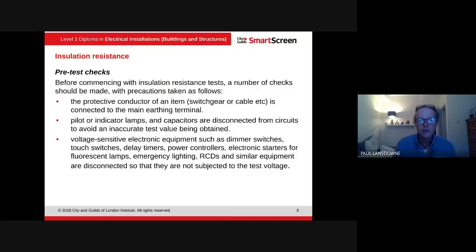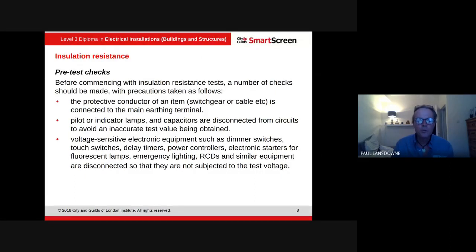Voltage sensitive electronic equipment such as dimmer switches, touch switches, delay timers, power controllers, electronic starters for fluorescent lamps, emergency lighting, and RCDs and similar equipment are disconnected, so they are not subject to the test voltage.